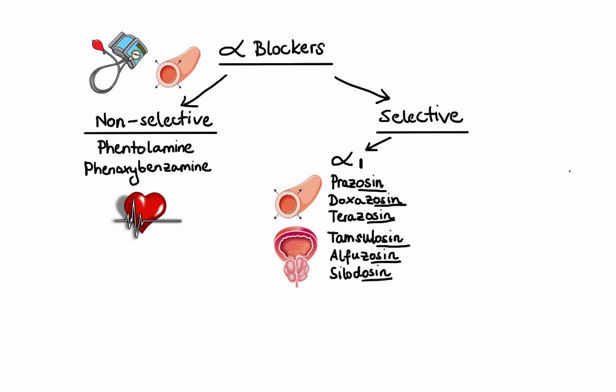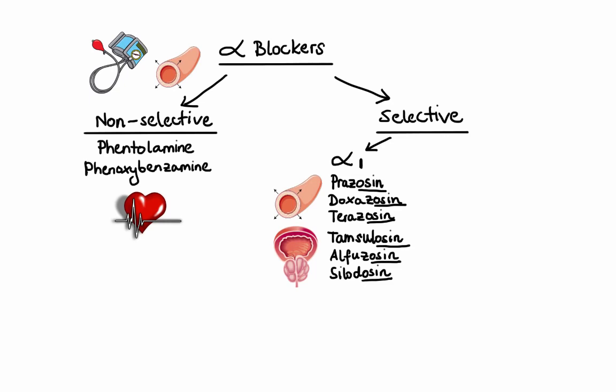Now, the first three of these, that is prazosin, doxazosin, and terazosin, are effective treatment for hypertension, but have lesser effects on relieving symptoms of enlarged prostate. On the other hand, tamsulosin, alfuzosin, and silodosin have little effect on blood pressure, but are much more effective for relieving symptoms associated with enlarged prostate.